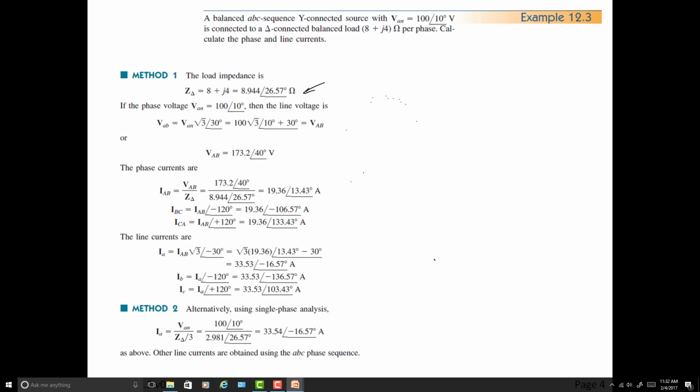All right, so we have the phase voltage was given. That's 100. And we know we can easily get to the phase voltage, because we just derived all this stuff.